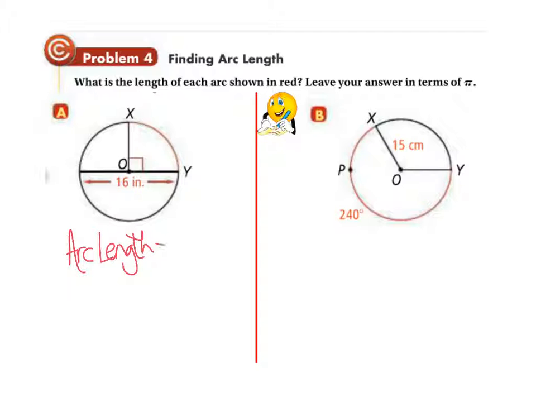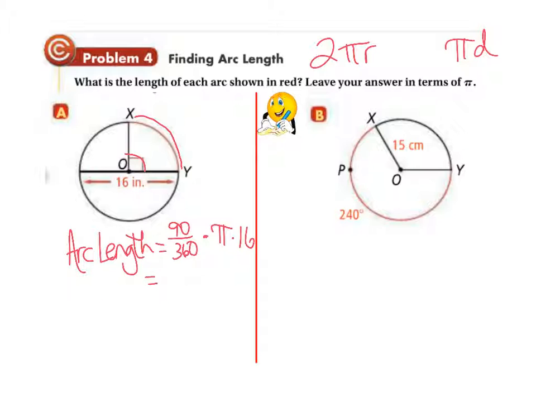It's going to equal the central angle, and I'm looking at this arc right here, so the central angle is this 90 over 360, and multiply it by your circumference. Now your circumference formula, remember, is either 2 pi r, or you can just do pi times diameter, depending on what they gave me. So in this first example A, they actually gave me the diameter, so I'm going to multiply it times pi times diameter.